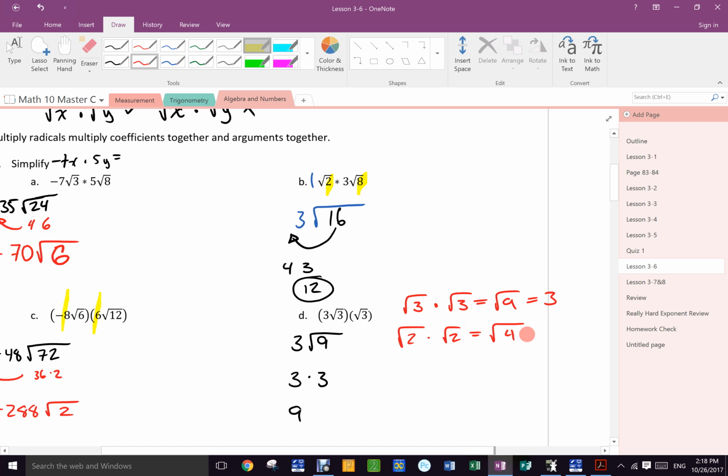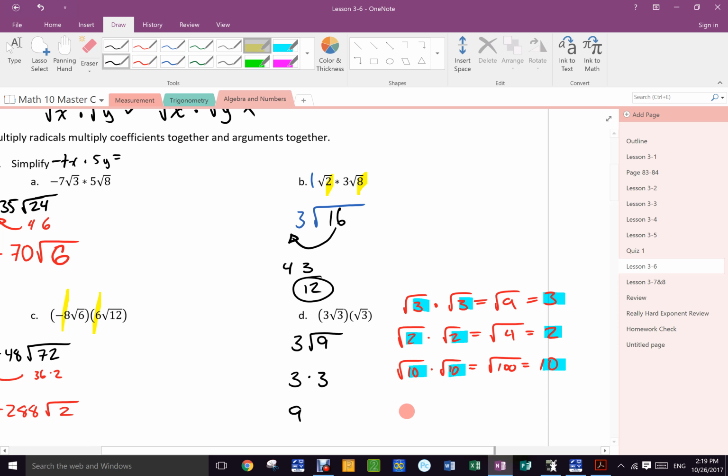The root of 4, which is 2. What is the root of 10 times the root of 10? Root of 100, which is what? 10. What do you notice about root times itself? You get that same number back. 2, 2, 2. 10, 10, 10.